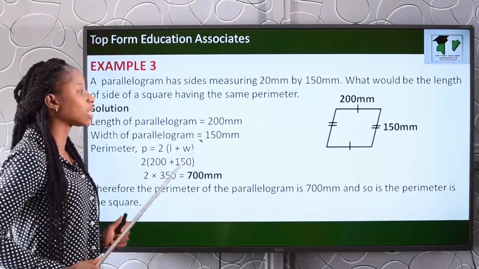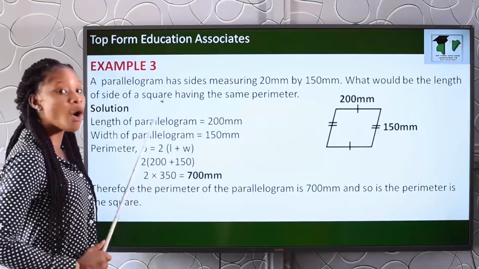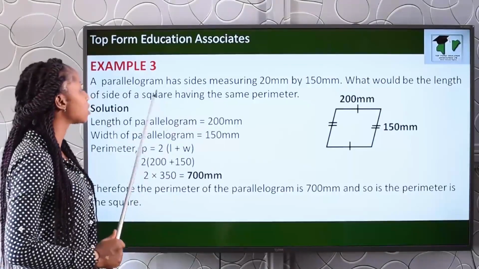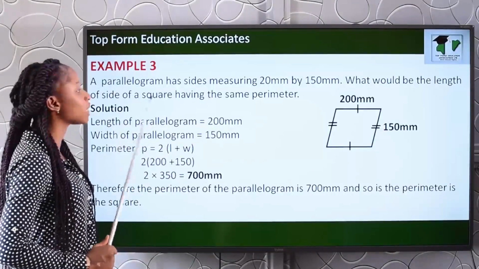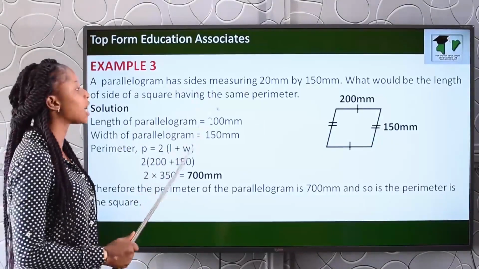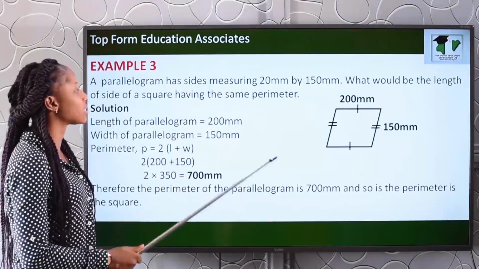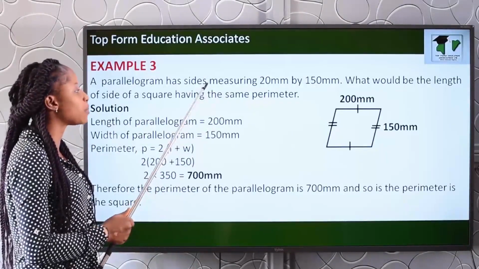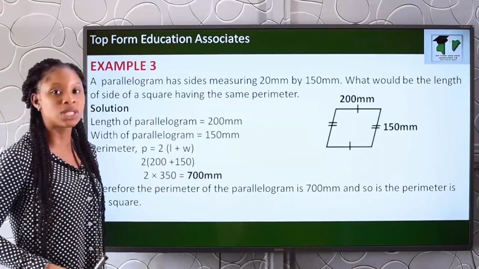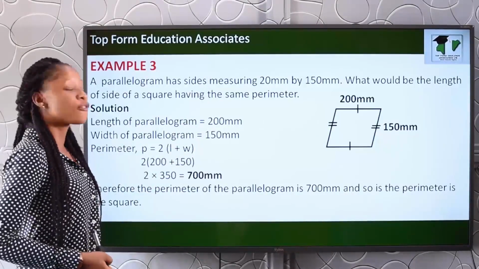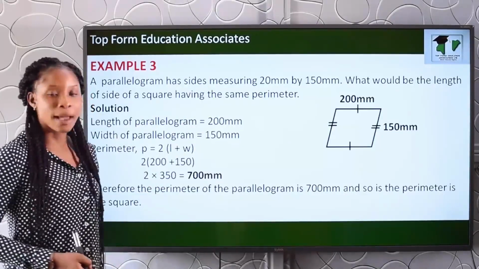So the first thing to do here is to look for the perimeter of the parallelogram to get the length of side of a square, because the square has the same perimeter as the parallelogram, and the perimeter of the parallelogram is not known yet. So our job here is to look for the perimeter of this parallelogram.